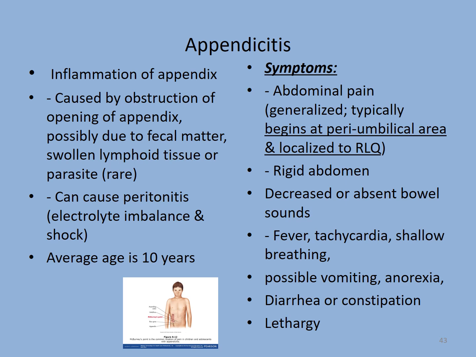To listen, you'll hear decreased or no bowel sounds at all. Generally, the child will have a fever, not always, but they will be tachycardic, and they will be doing shallow breathing. Sometimes they have vomiting and they don't want to eat. A history of diarrhea or constipation and lethargy.